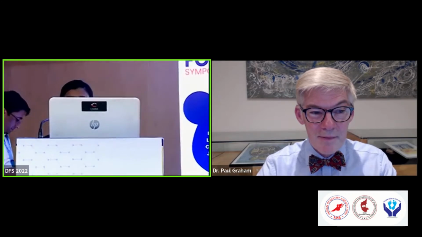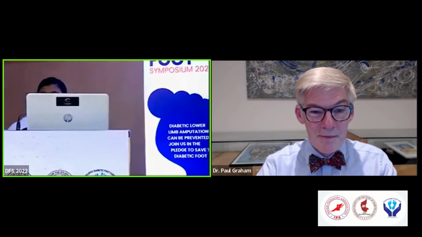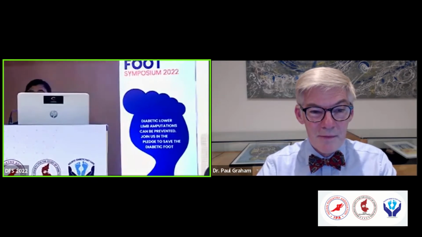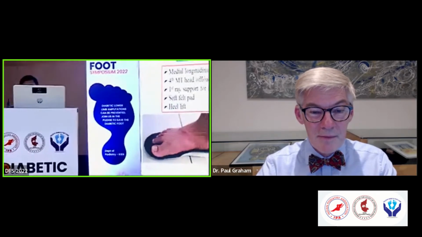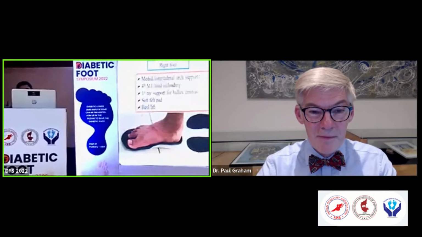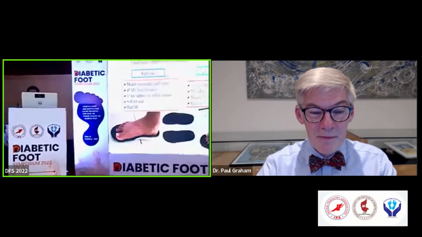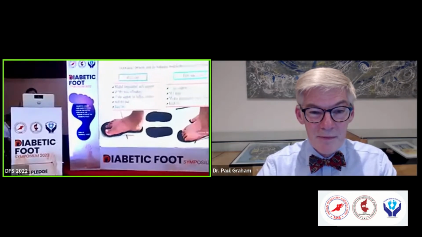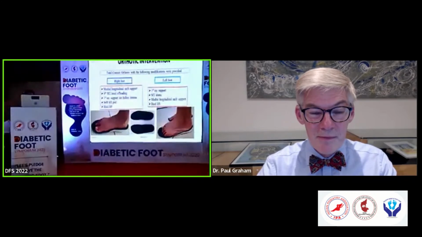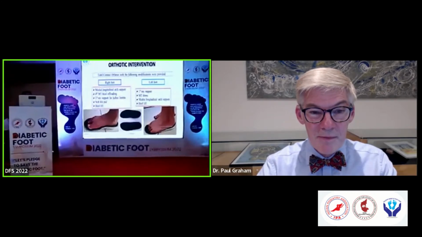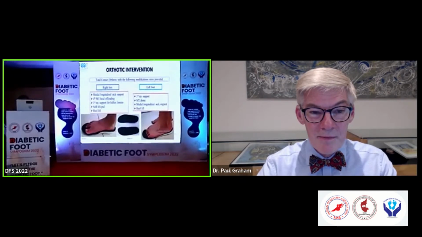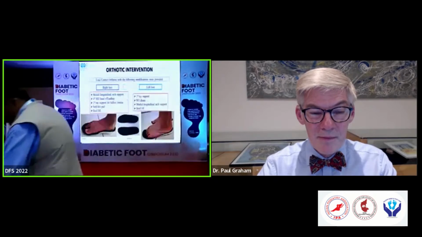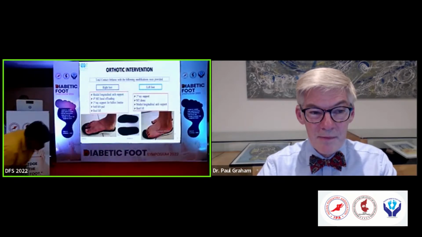After that, we do the orthotic intervention, in which a total contact orthosis with the following modifications was provided to the patient. We customize insoles. We take the molding of the foot, and according to that, we customize the insoles with some modifications. In this case study, for the right foot, we provided a medial longitudinal arch support and fourth metatarsal head offloading.